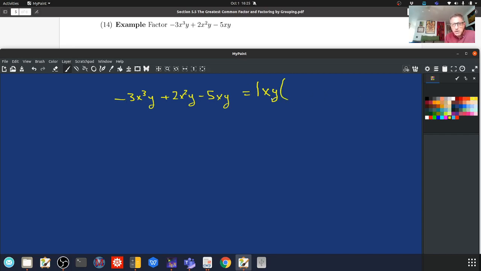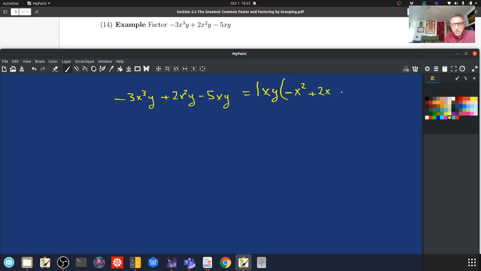So now I divide minus 3x cubed y by xy. Minus 3 divided by 1 is minus 3, x cubed divided by x is x squared, y divided by y is 1. So I move to the next one. 2 divided by 1 is plus 2. X squared divided by x is x.